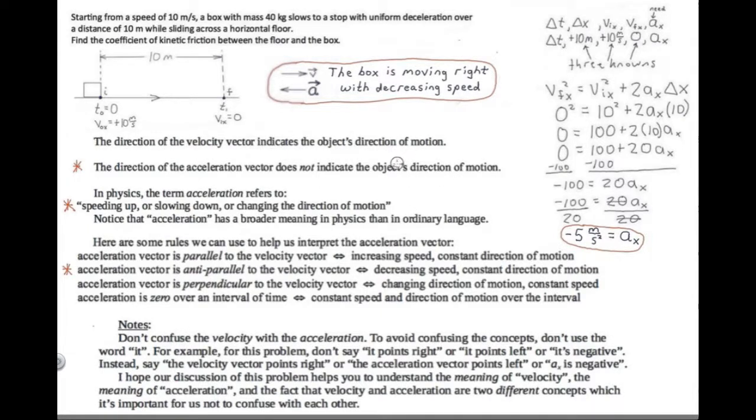For example, on this problem, the velocity points to the right because the box is moving to the right. So what does the acceleration tell you? Well, as we discussed earlier, the acceleration vector tells you whether the object is speeding up or slowing down or changing its direction of motion. We've seen that on this problem, the acceleration vector tells us that the box is slowing down.